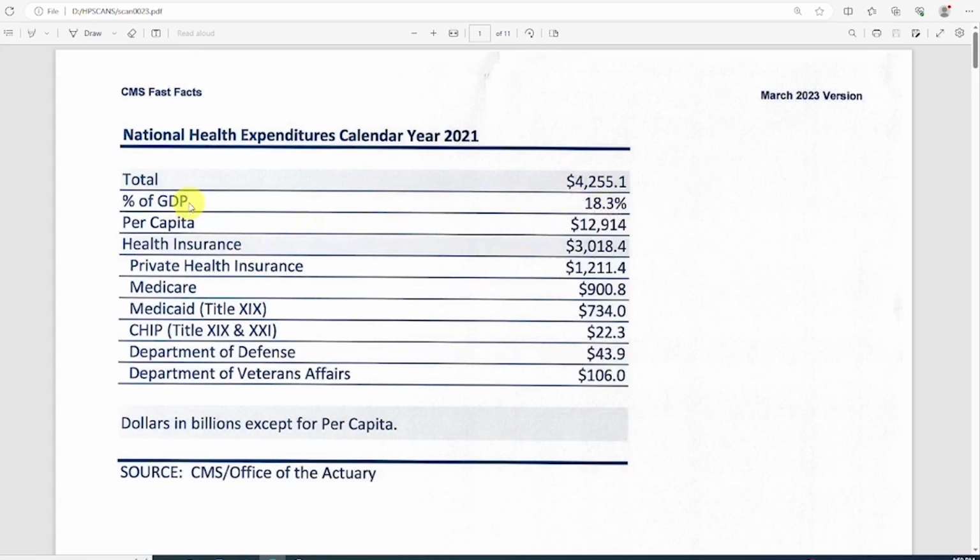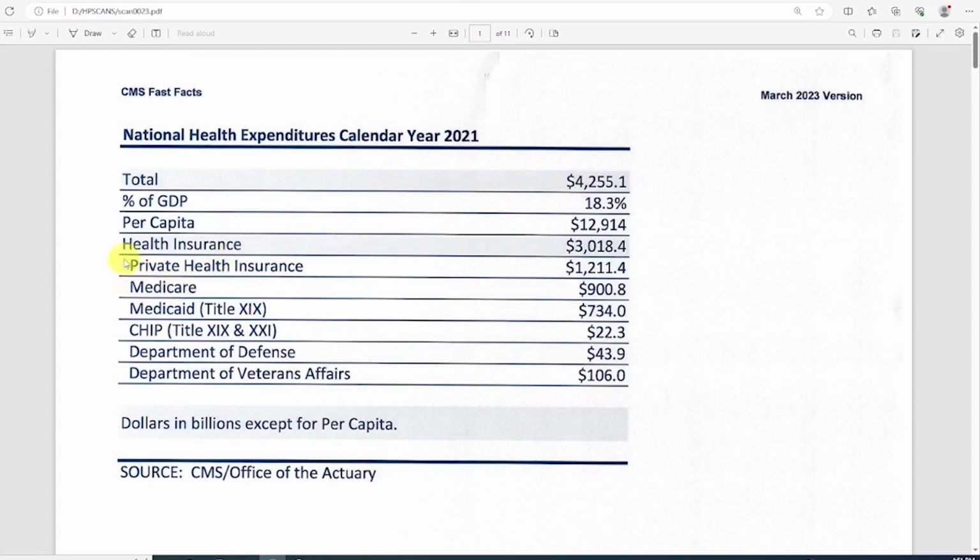So if you were to look at the US GDP for 2021, we're talking about 23.5 to $24 trillion in 2021. The healthcare made up 4.2 trillion.